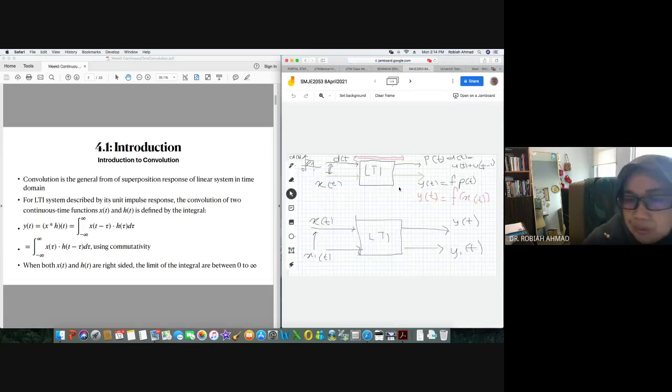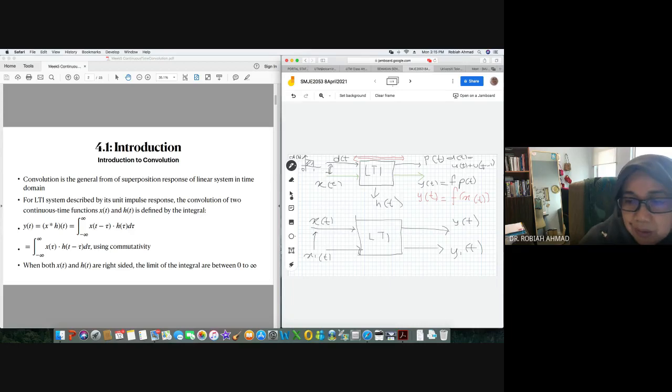Okay. So this is our input, this is our output. So using this relationship, we can determine the y(t) from whatever the input response is. In other words, usually we refer to this as our h(t).